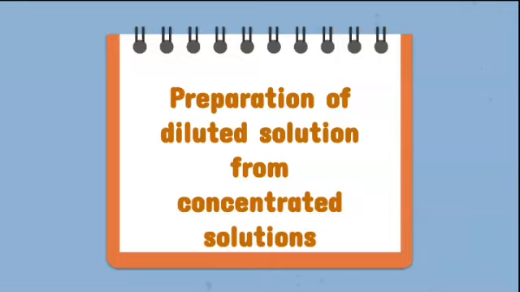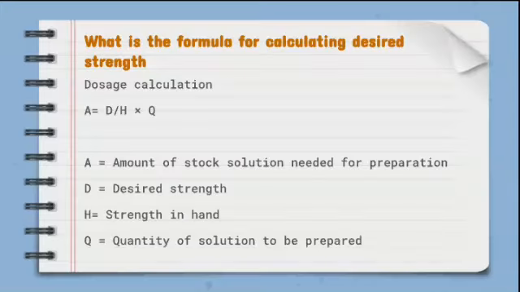The next topic is preparation of diluted solution from concentrated solution. So this is also an important aspect where there are plenty of questions asked in your previous question papers. There is a formula here you will apply, that is A is equal to D by H into Q. So you remember this formula when they are asking for a dilution.